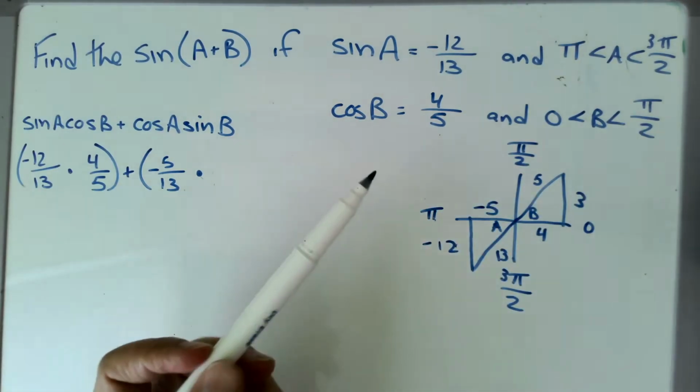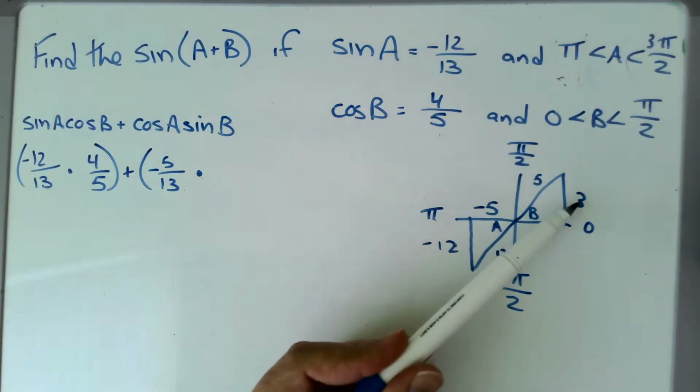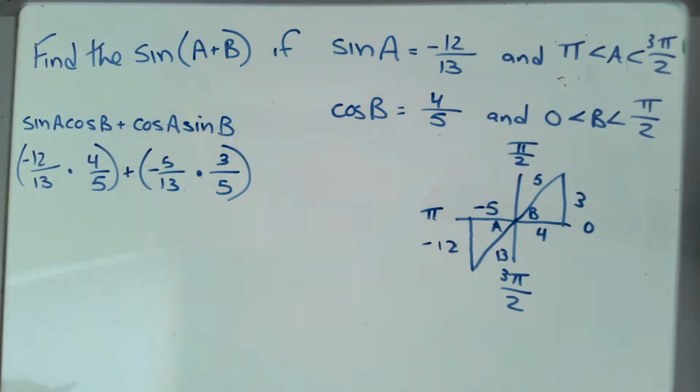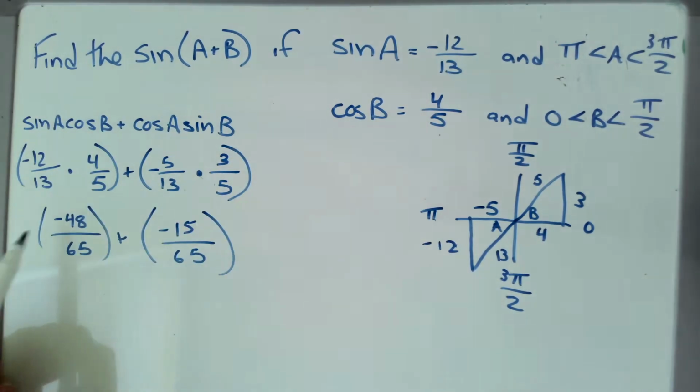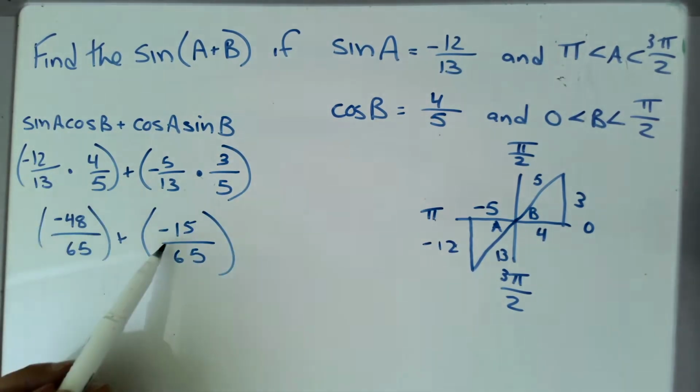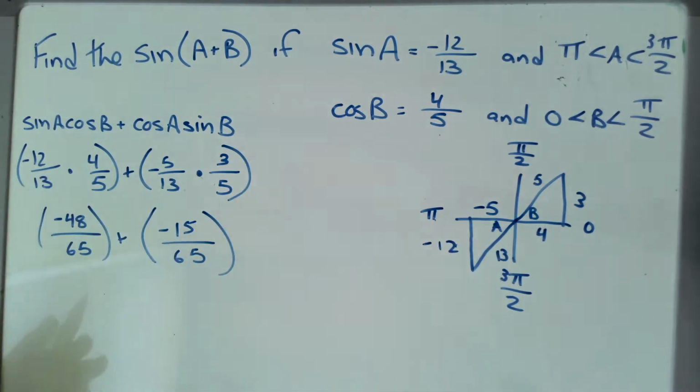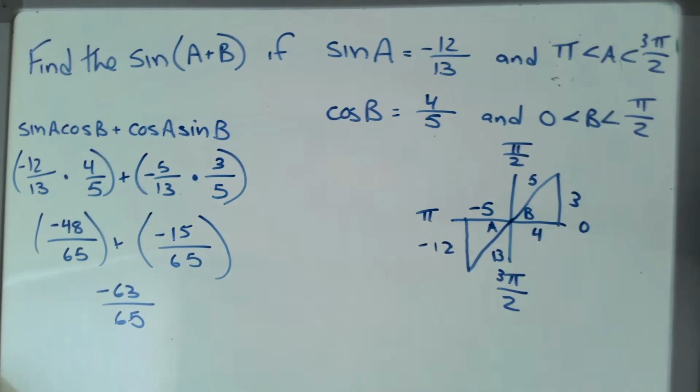And so now my sine, my opposite over hypotenuse, is 3 over 5. And now I can just finish up this math here. Negative 48/65 plus negative 15/65, negative 63/65. Okie dokie.